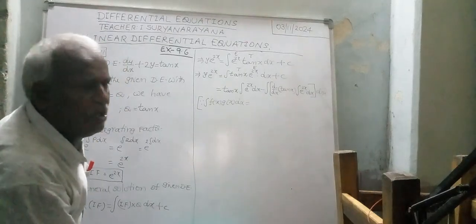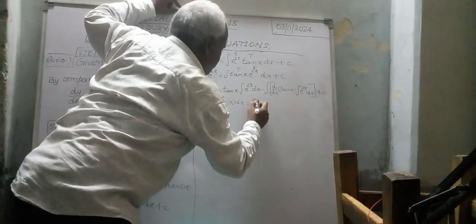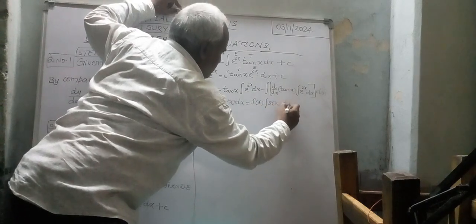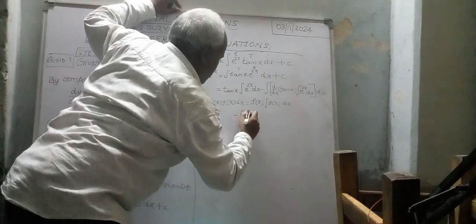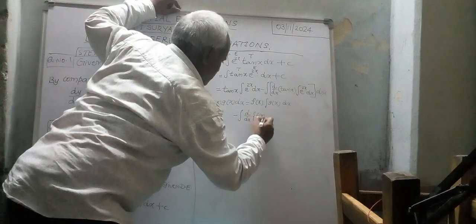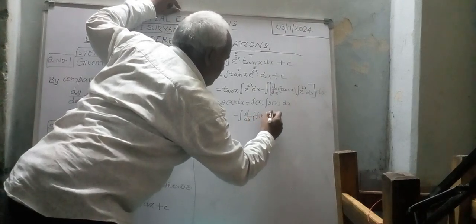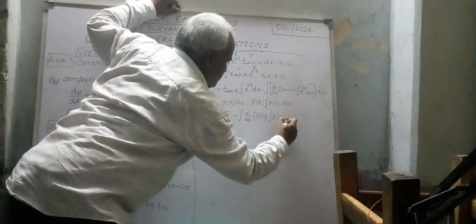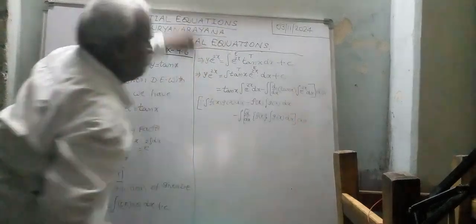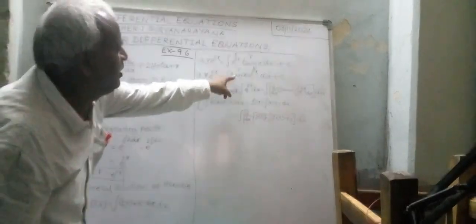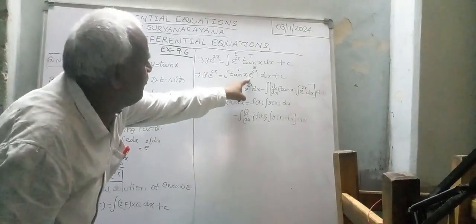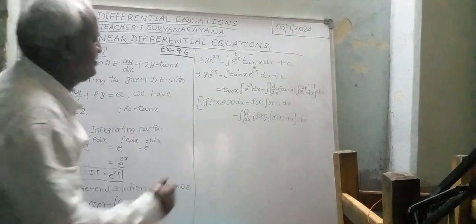Integral f of x into g of x dx is equal to f of x into integral g of x dx, minus integral d by dx of f of x into integral g of x dx, whole dx. By using this formula, we integrated this function. Okay, here f of x is nothing but tan x and g of x is nothing but e power 2x.